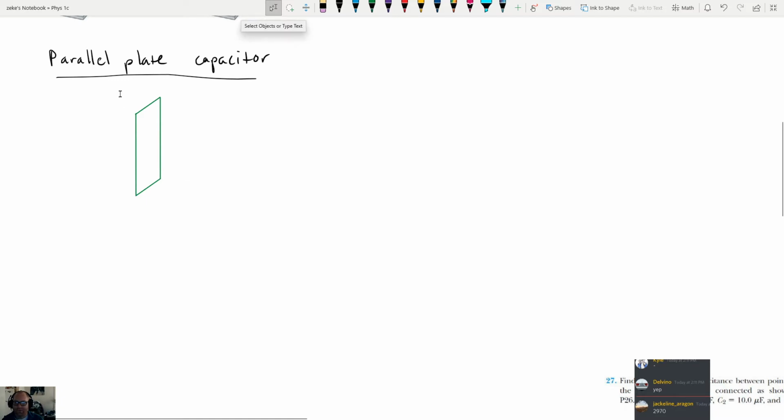So I've got 1 plate there. We'll put another plate next to it that's separated by some distance, like that. We're going to say that we store it up with charge by connecting it to a battery. So one of these plates is going to end up being positively charged. The other plate's going to be negatively charged.